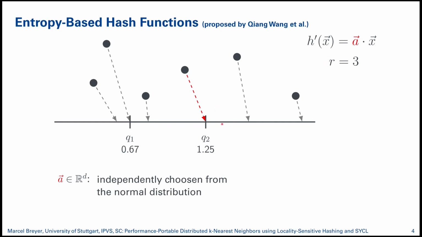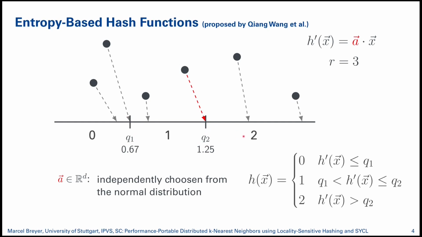So we have 3 segments, and the idea is that each segment has the same number of data points. So in this example, given 6 data points, each segment should have 2 data points at the end. In order to calculate those segments, we have to get those cutoff points. And if we have those cutoff points, calculating the final hash value is easy using a simple lookup function.